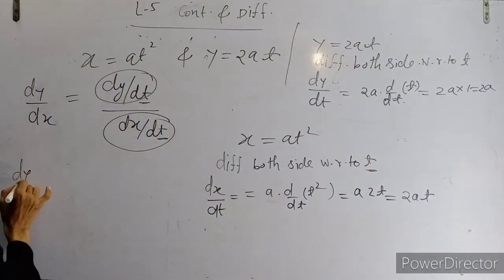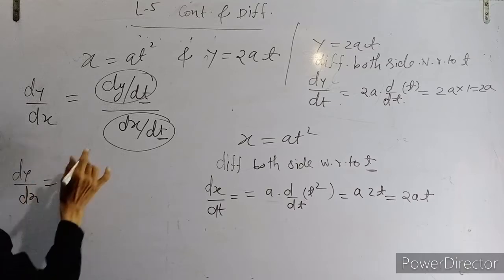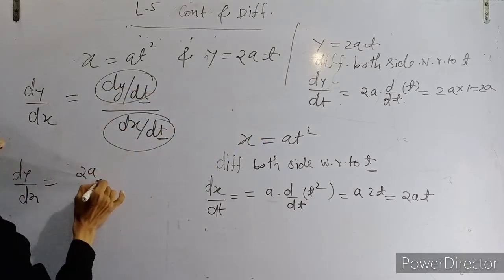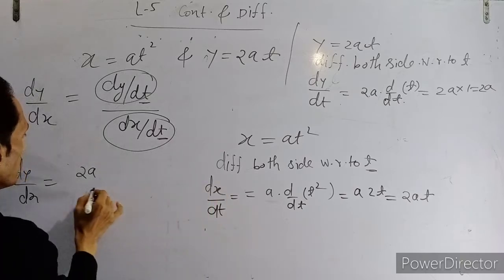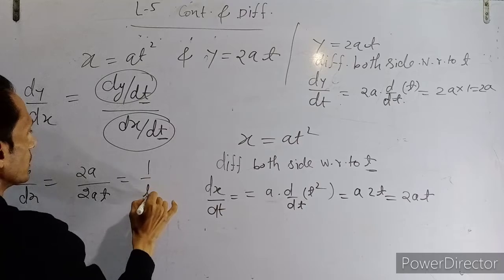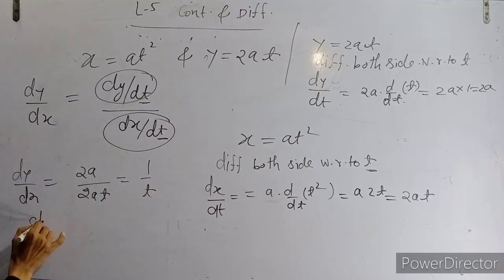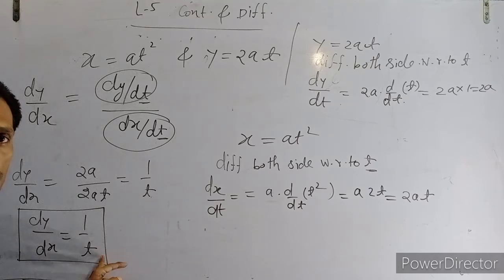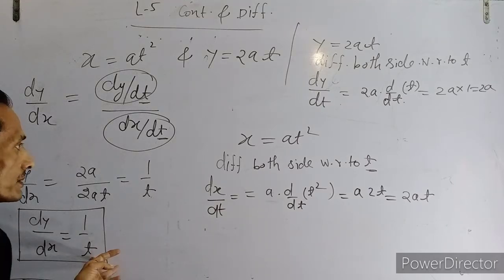So dy by dx equal to dy by dt, which is 2a, over dx by dt, which is 2at, and that is equal to 1 upon t. So dy by dx equal to 1 by t. This is the definition of a parametric equation. Is that clear?